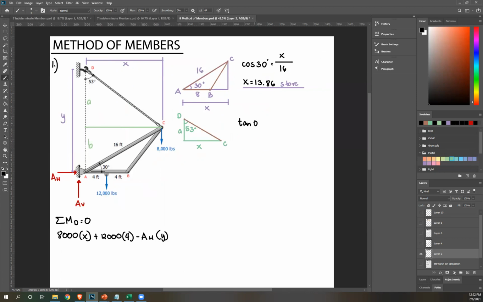So tangent theta equals opposite over adjacent. Opposite is x. Adjacent is a. X is 13.86. Theta is 53. Okay, so from this, we can solve for a, which is 10.44. And again, ideally, store that value.